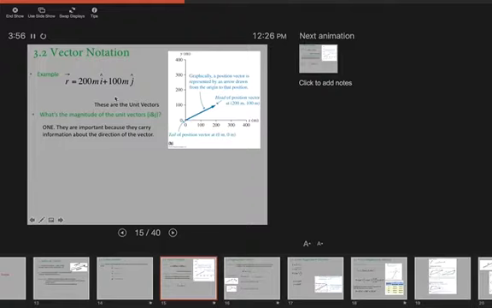This vector is 100 in the i direction, and plus 100 in j, so we plotted it. Once you connect these two dots, you get this r vector equal to 100i plus 100j. Now the general equation of a vector looks like this: r vector is equal to whatever value is on the x-axis times i vector, plus whatever value on the y-axis times j vector. This is the general form of vectors.